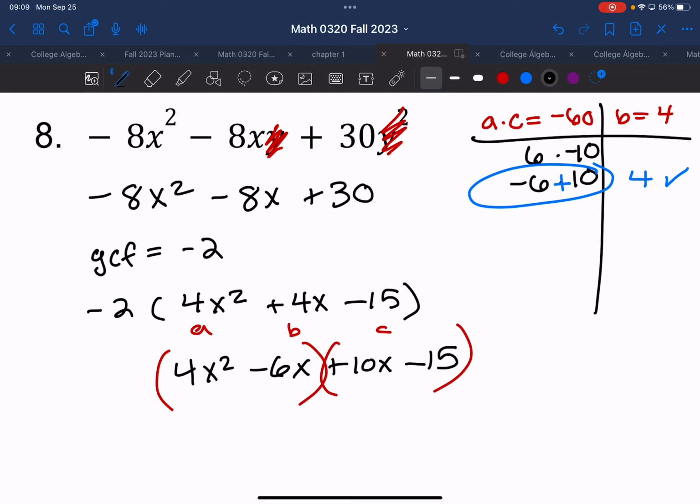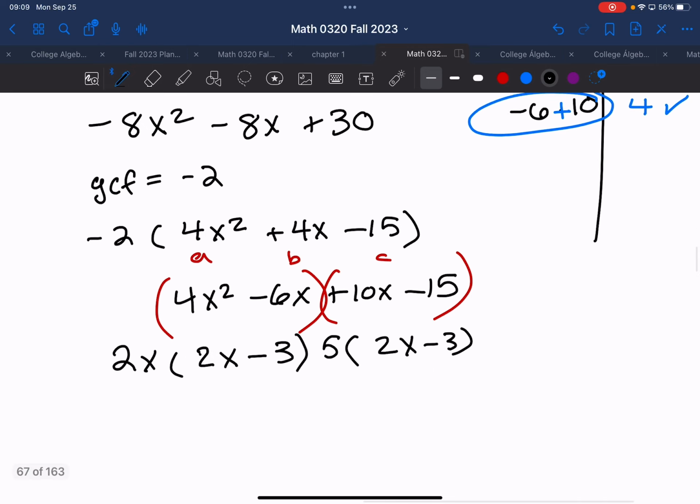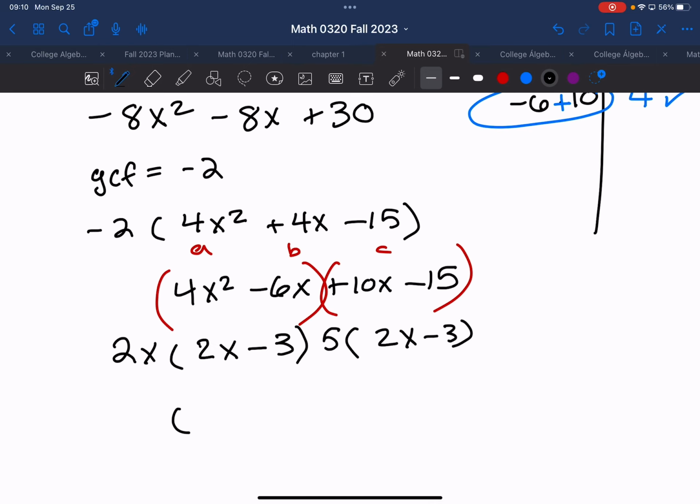So what's the GCF of the first one? 2x, and I'd be left with what? 2x minus 3. Okay, what about the next one? A 5, and I would be left with 2x minus 3. My parentheses match, so I know I'm going to have 2x plus 5, 2x minus 3.